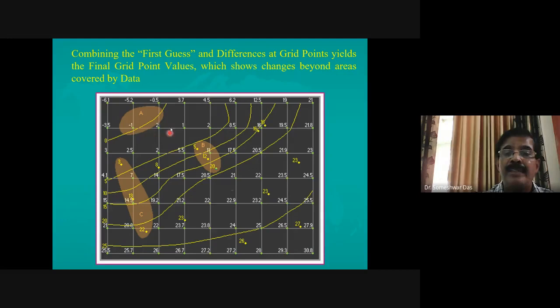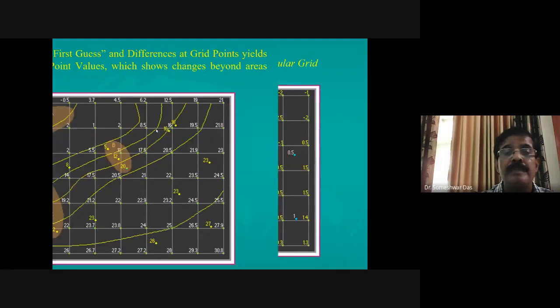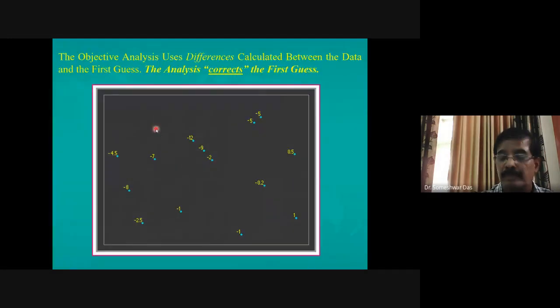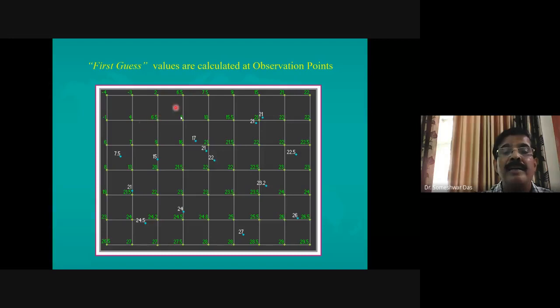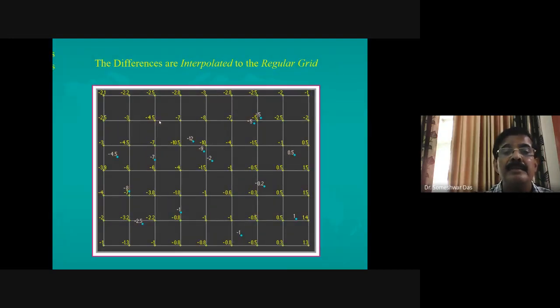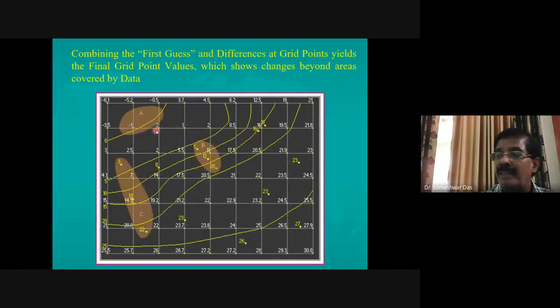So after that, whatever was your first guess, you add the differences to it. Okay, so that is your corrected first guess, and this is your new analysis. Earlier it had some other value. You can check the previous slides. Suppose this point, the first guess was showing 6.5, and after correction it became 2, and the correction is based on the observation at the nearest location.